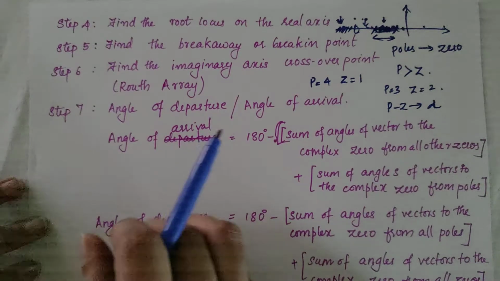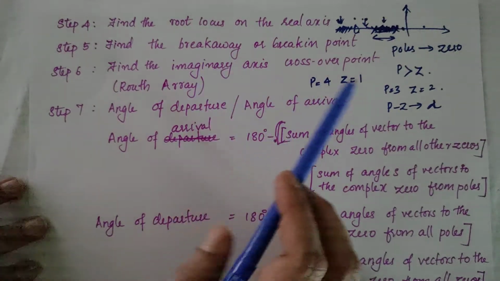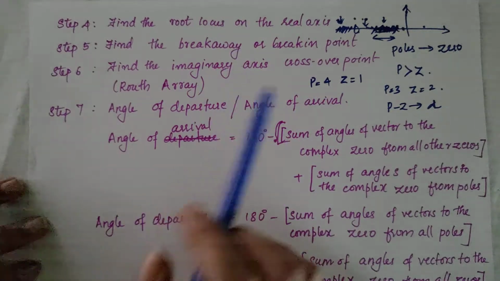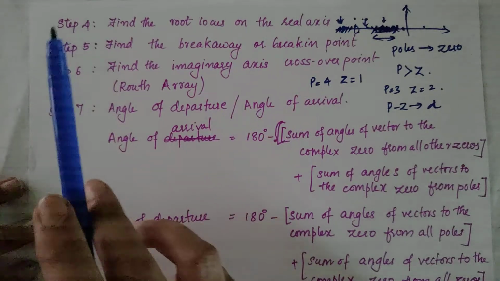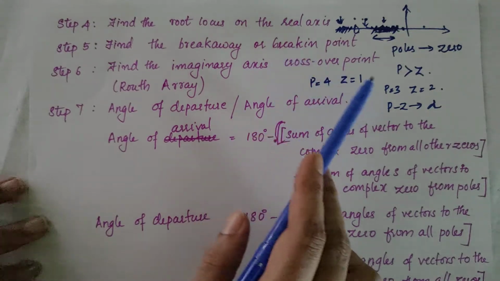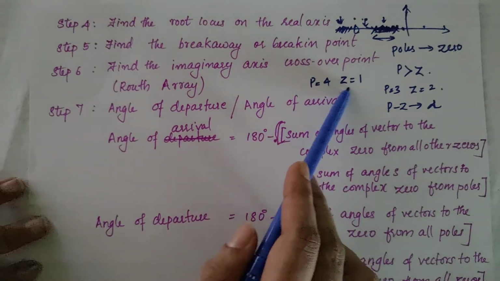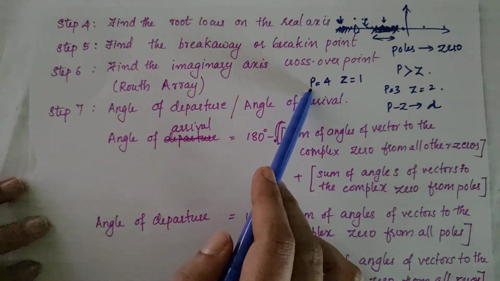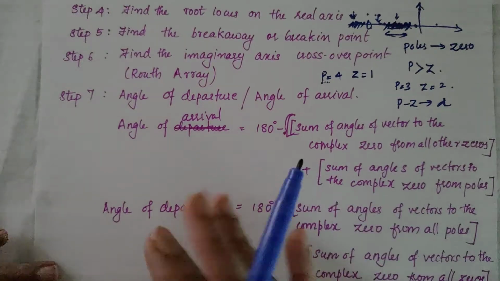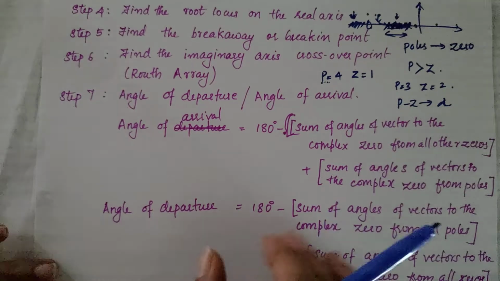Now the breakaway point is the point at which the root locus breaks away from the real axis and goes to infinity, and the break-in point is the point at which it meets at 0. Okay, break-in point is related to the zeros and breakaway point is related to the poles. Okay, you will be more clear on this when you do more problems.